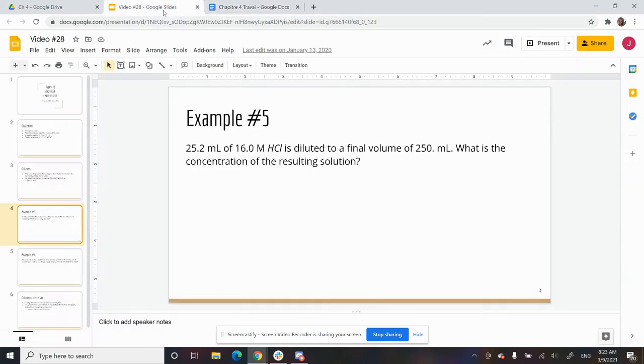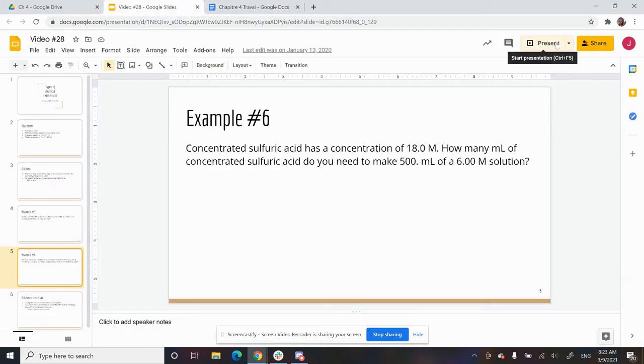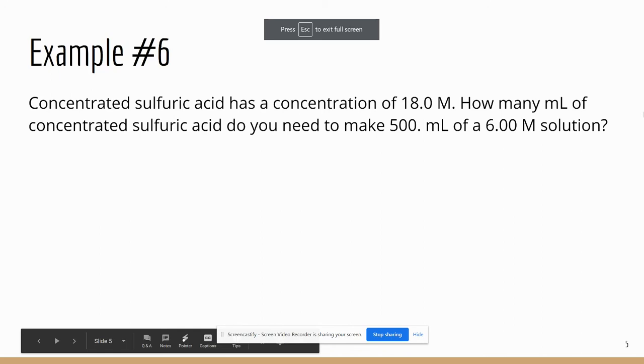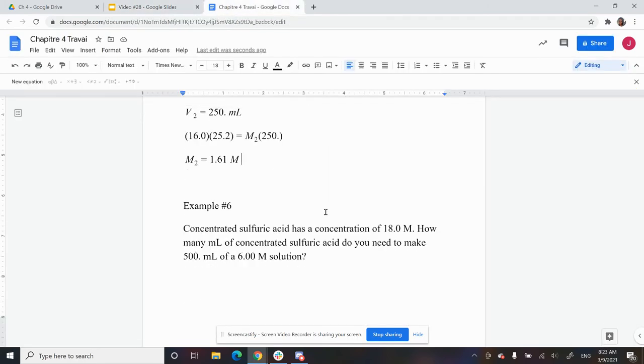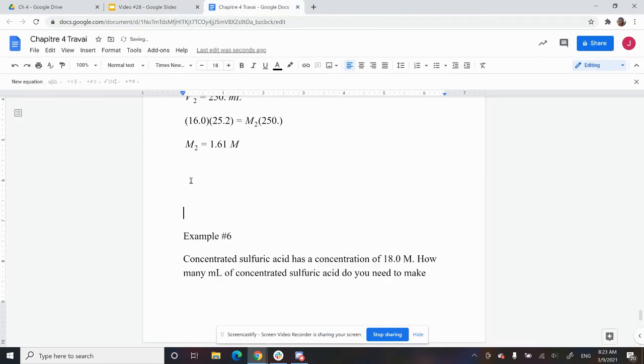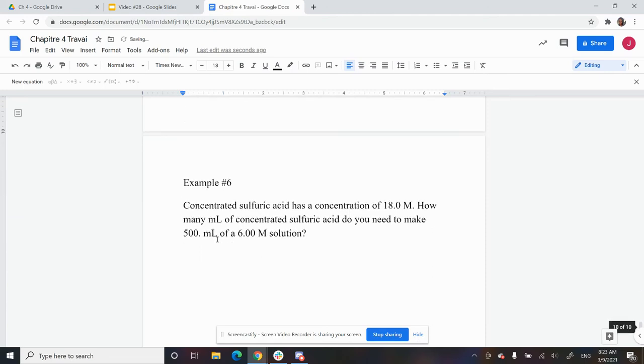Take a look at another problem. It doesn't really matter which one I make 1 and which one I make 2, so long as I'm being consistent here.